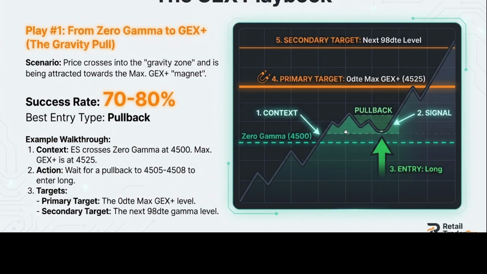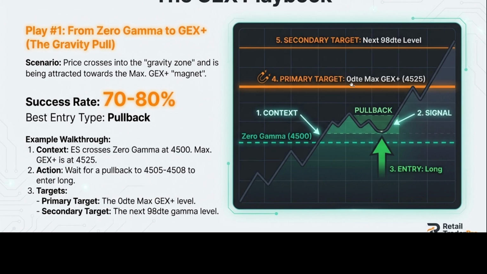What are the targets? Remember that in our ladder we have support and resistance that is not 0 DTE. We have another kind of GEX level extracted from SpotGamma, the 98 DTE.